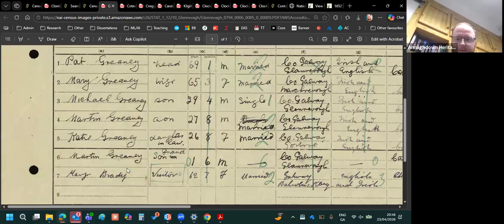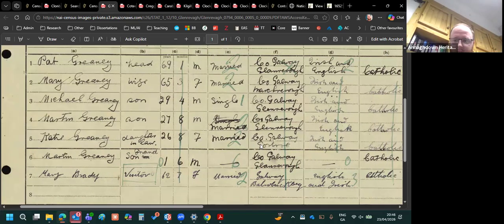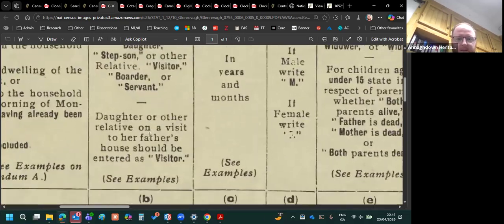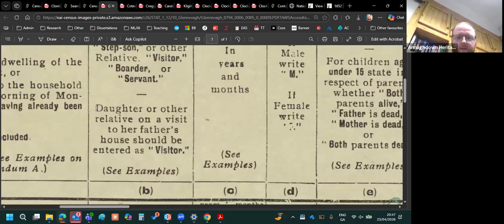Yes, that's right. Because they didn't normally, unless they were actually living in the house, they wanted them to be.